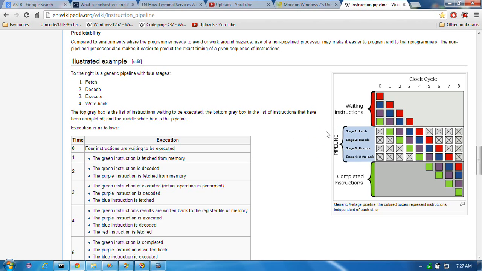So in this model, the first pipeline stage is a thing that fetches. The second thing is a thing that decodes. The third stage is a thing that executes, and the fourth stage is a thing that writes something somewhere.